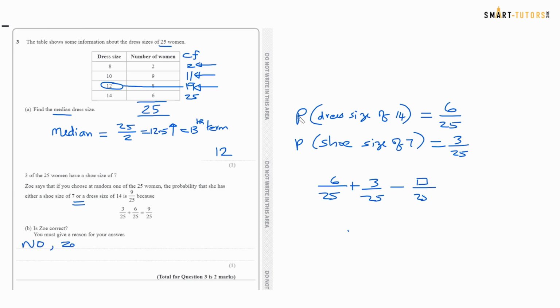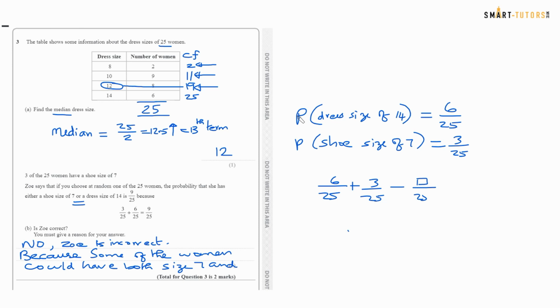So maybe we'll say no, it is incorrect. Because some of the women could have both shoe size 7 and dress size 14.